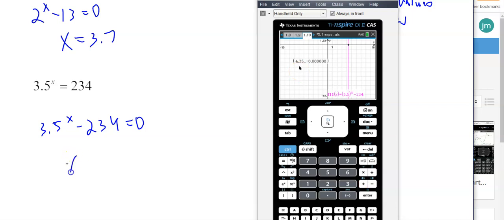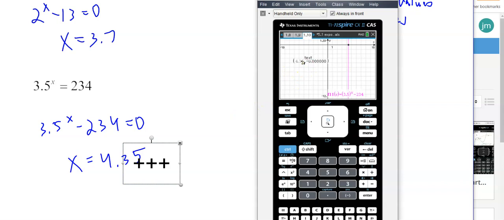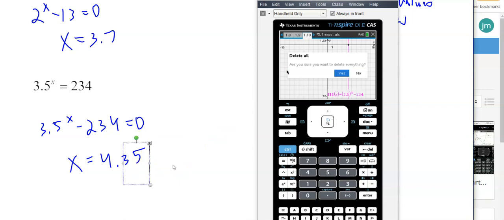So x is equal to approximately 4.35. That's probably a rounded off number. It might not be though, if you hover over it. No, it is rounded off. So that is approximately equal to that.